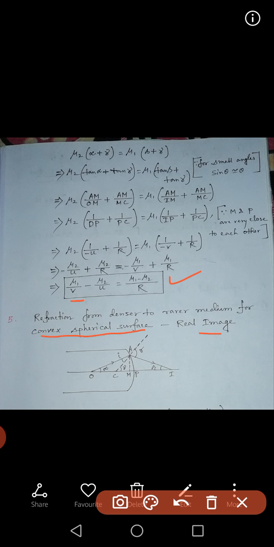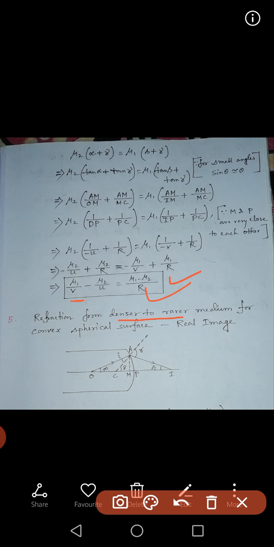Case number 6 you can see in any reference books, otherwise these 5 cases are more important. This is the diagram for a real image formed by a convex spherical surface. I think you will be able to do this derivation. Remember, your result will be this one, not the previous formula, because refraction is taking place from denser to rarer.